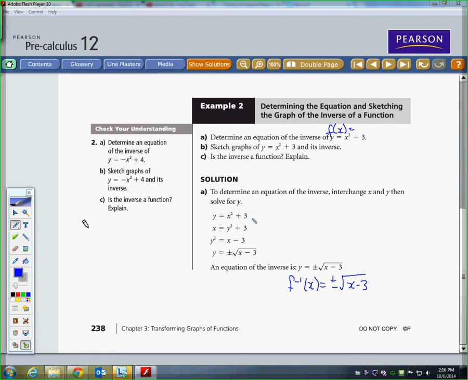Okay, but let's see what happens. They switch the x and the y right there. There they do the switch. And now they're doing the work of solving for y. So from line 3 to line 4, notice what happens. They do the square root to both sides, but you need to ensure the plus and minus sign here, because y could have been positive or negative, and when you square it, it becomes positive.